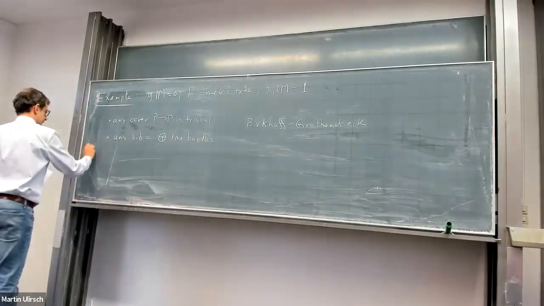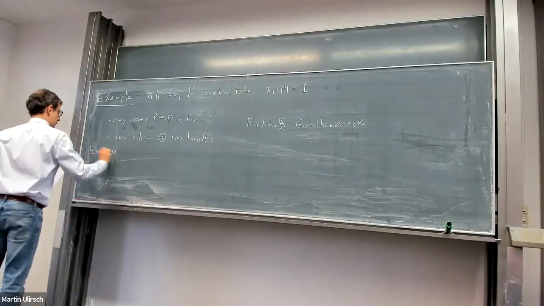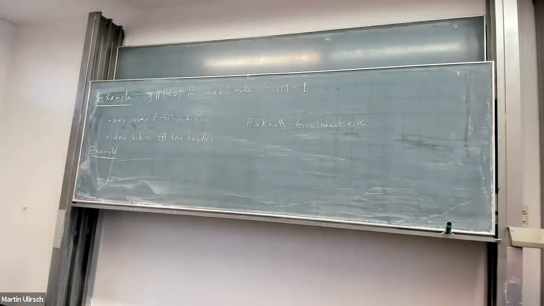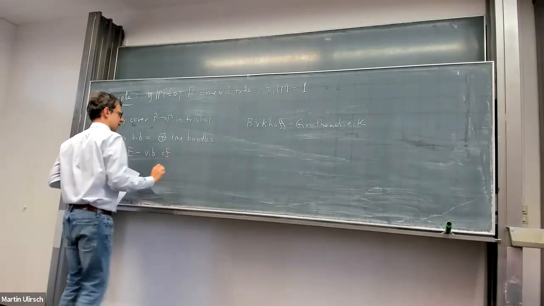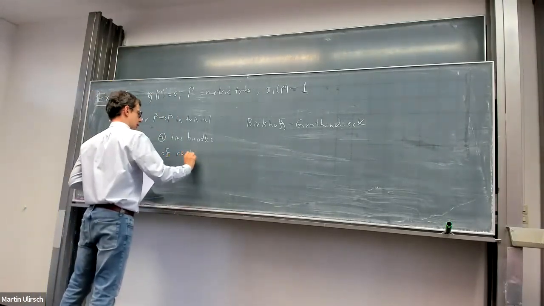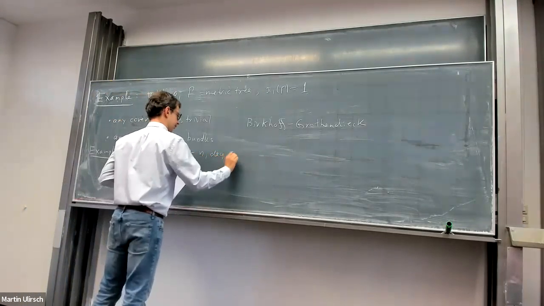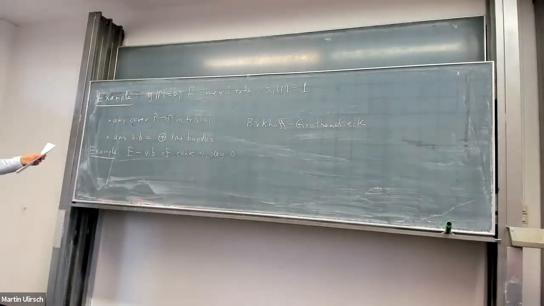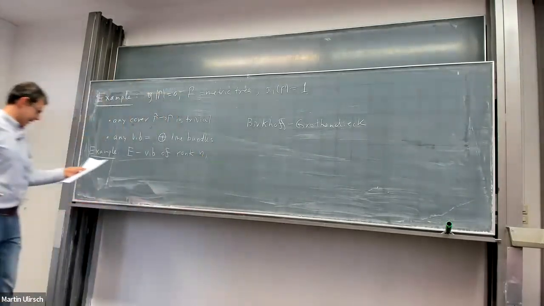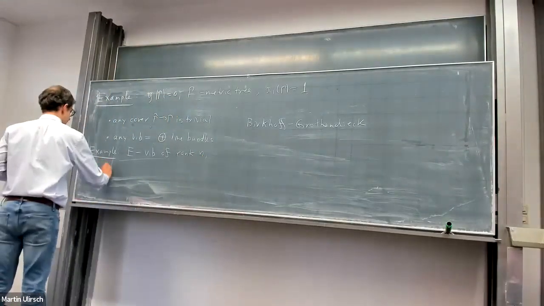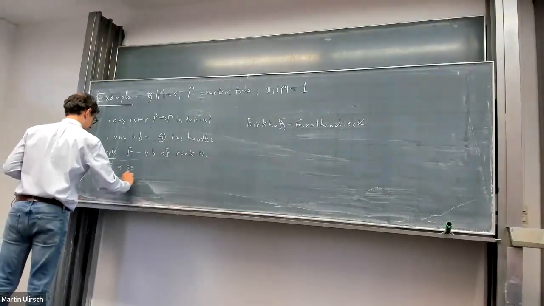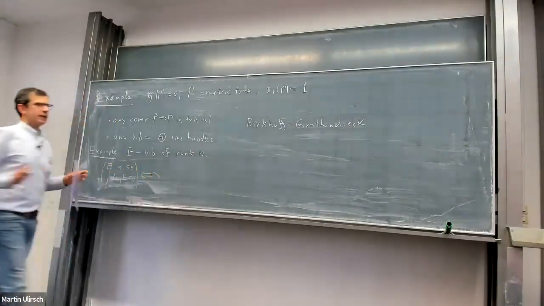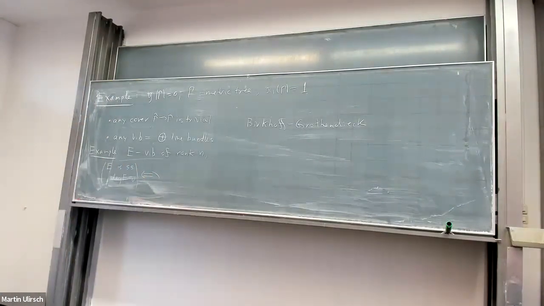Okay, let me give you another example. It's not so hard to prove the following statement, that if E is a vector bundle of rank n, then it is semi-stable of degree 0 if and only if I can choose the transition functions to be constant and not just linear.